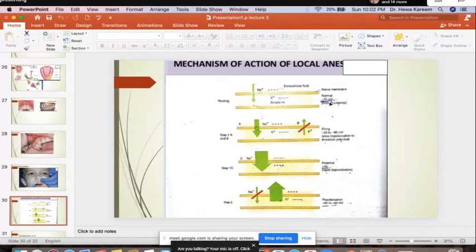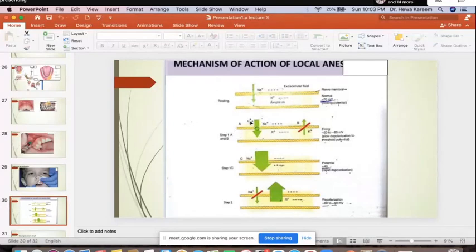This is a picture of the mechanism of action of the local anesthesia. Normally, sodium is outside the cell and potassium is inside the cell. Sodium from outside goes inside and potassium from inside goes outside.